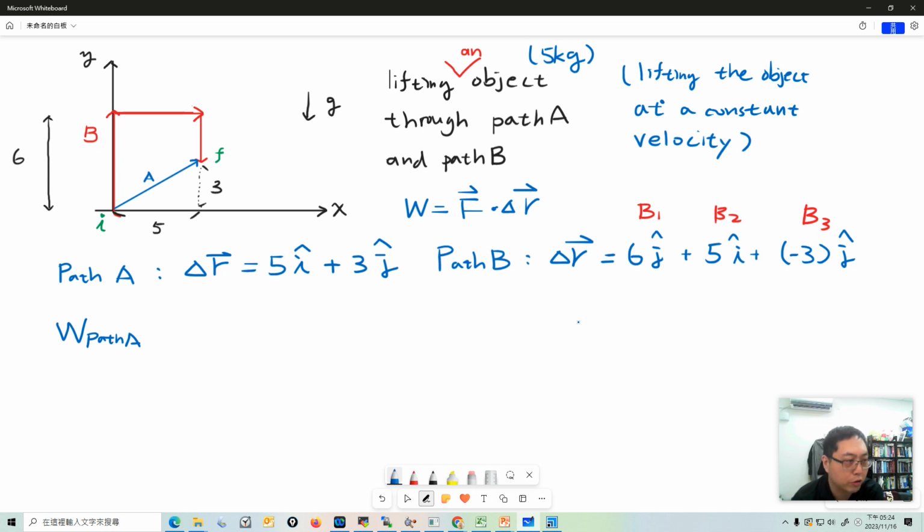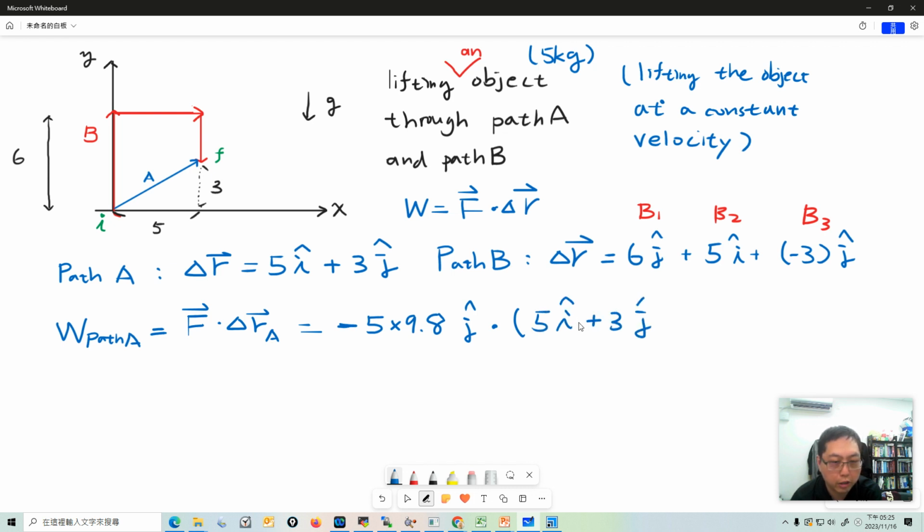The work done by the gravitational force equals force dot delta R A. The force is minus mg, so it's minus 5 times 9.8, and its direction is downward, that's why it's a minus sign, and its unit vector is j, dotted with 5i plus 3j.